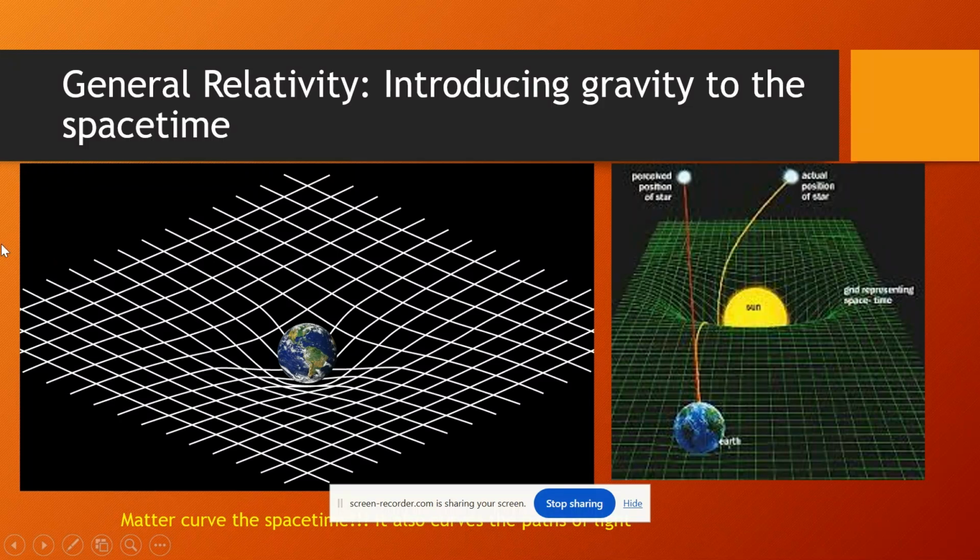Einstein was not happy with special relativity alone. He wanted to incorporate gravity. So when you include gravity into the theory of special relativity, you obtain general relativity, which is Einstein's theory of gravity.